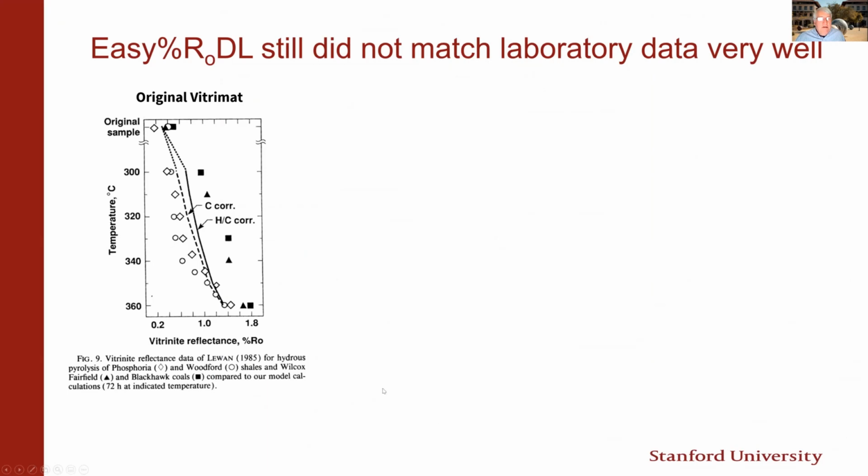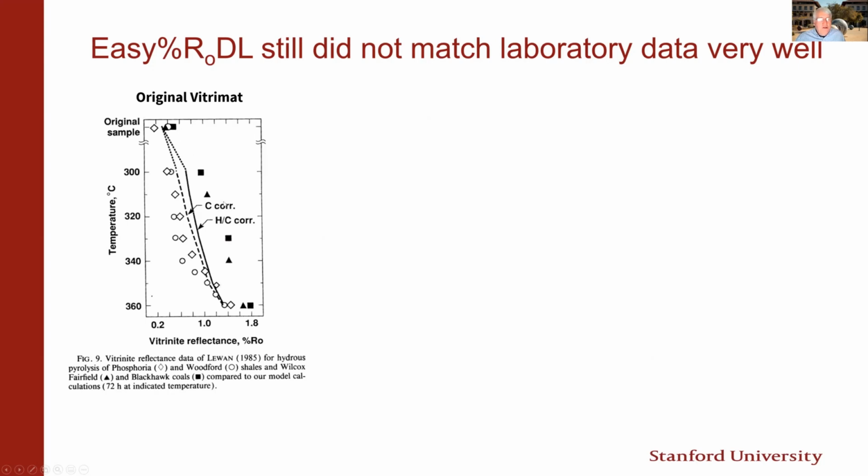In this first plot, you see the original Vitrimat sort of split the difference between what was thought to be vitrinite reflectance in oil-prone shales and true vitrinite reflectance from coals. Depending on how you're going to use this, you might say this was either a good or a bad thing. But as we really understood more over the next 20 years, this is really not an accurate reflection of vitrinite reflectance. We'll talk more about that later.